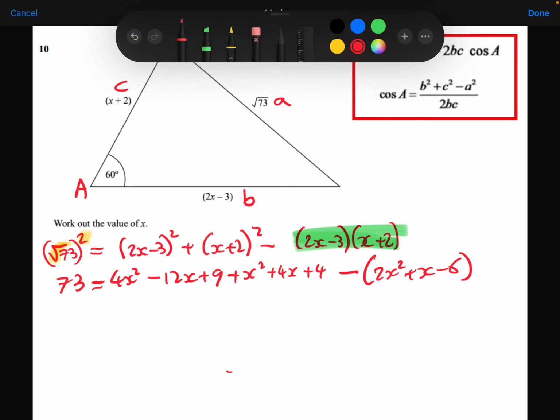Right, let's try and simplify this. I'm going to leave the 73 where it is for now. But on the right-hand side, we've got a 4x squared plus x squared, so that's 5x squared. And then we're subtracting the 2x squared. So that's going to give 3x squared.